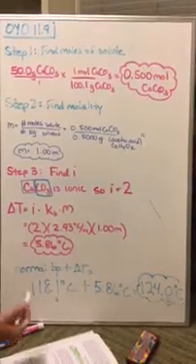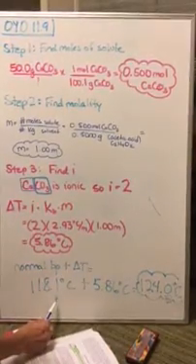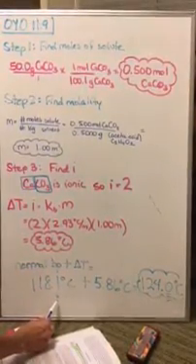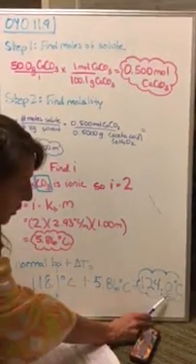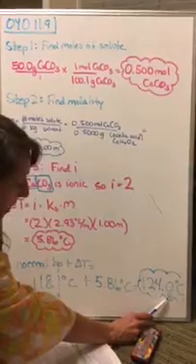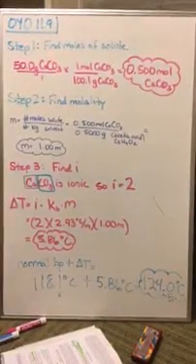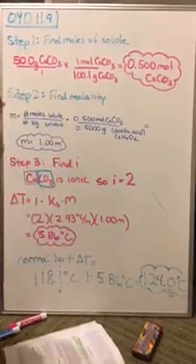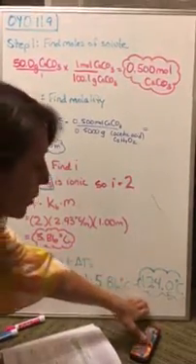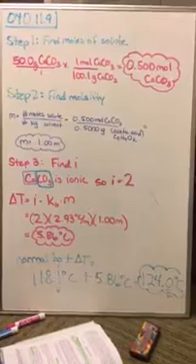I underlined the tenths place because, since we're adding, we have to take it to the least precise place value, which is the tenths place. So you end up having to round this from something like 123.86 to 124.0 degrees Celsius.